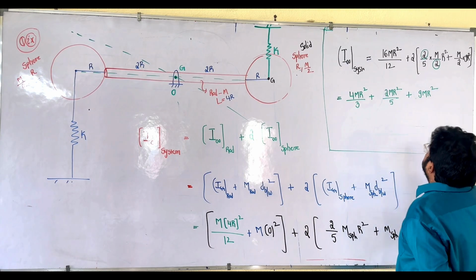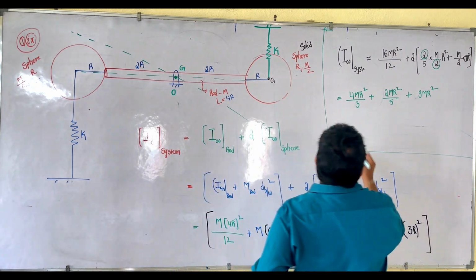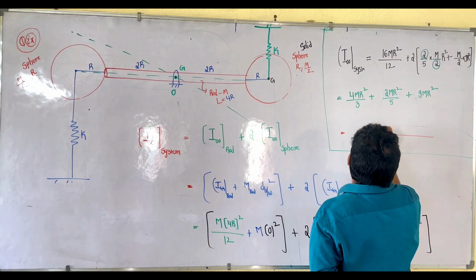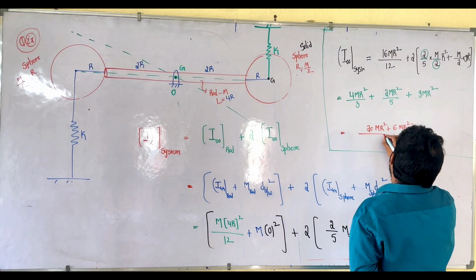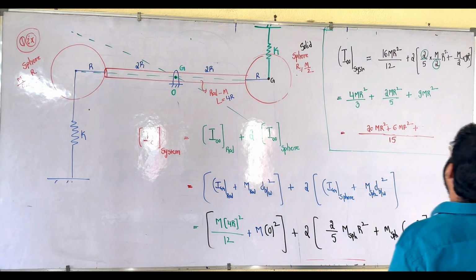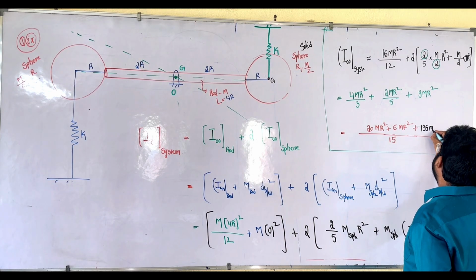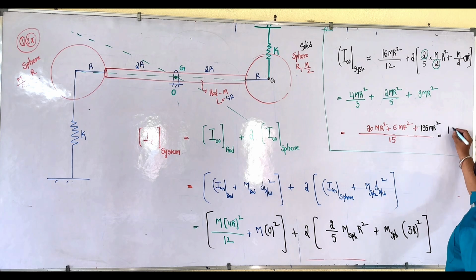Add them up however you like. Clear? So finally how much is obtained? 20 mr squared plus 6 mr squared plus 135 mr squared, so finally we get 161 mr squared by 15.